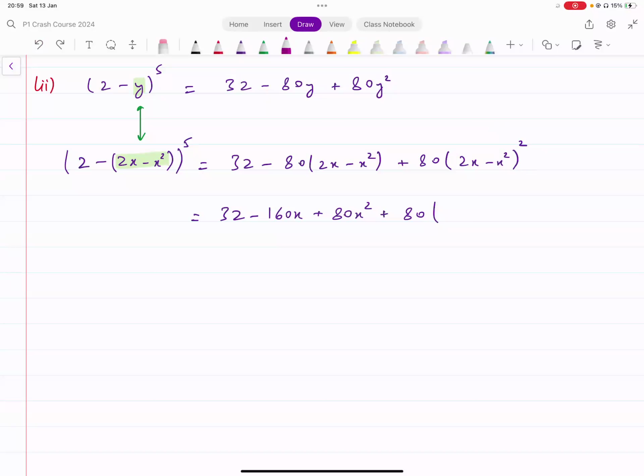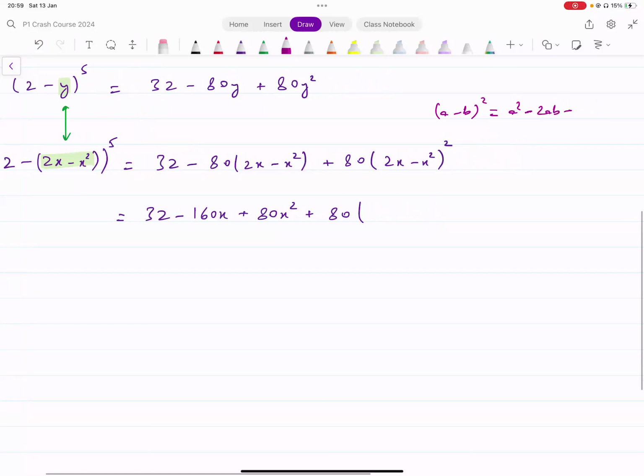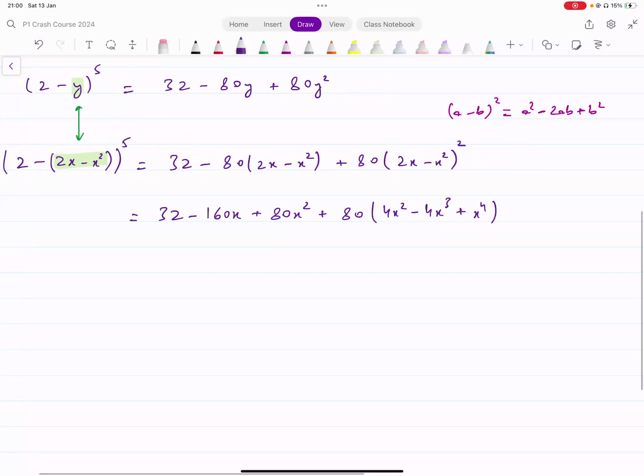A minus b whole squared, that is a squared minus 2ab plus b squared, right? Just apply that here. 2x whole squared gives you 4x squared, minus 2 into 2x into x squared, that gives us 4x cubed, plus square of x squared, which is x raised to power 4.